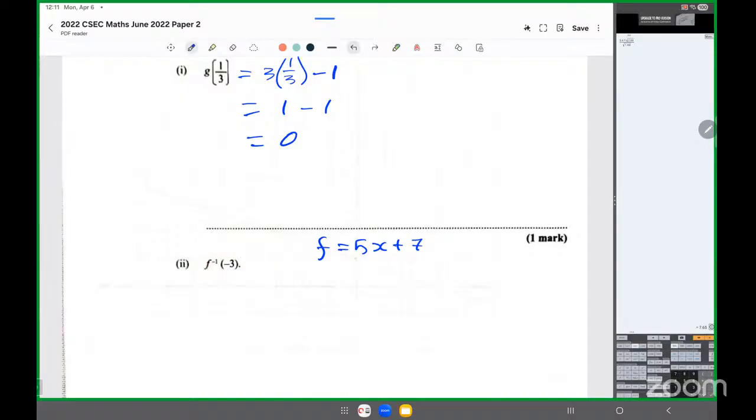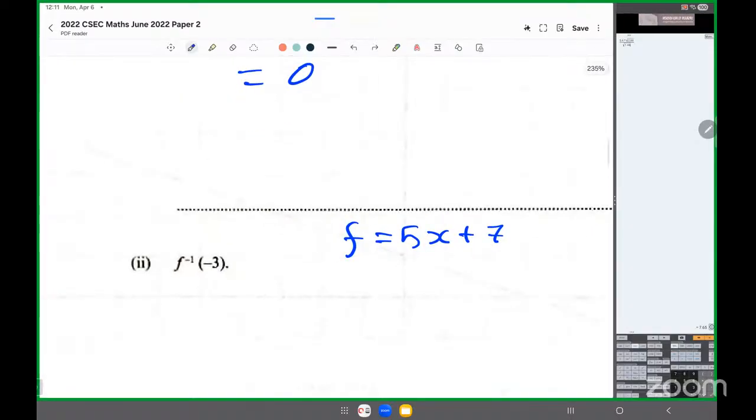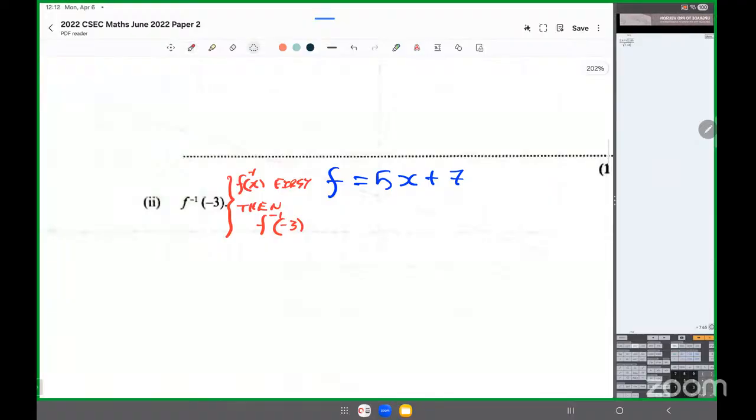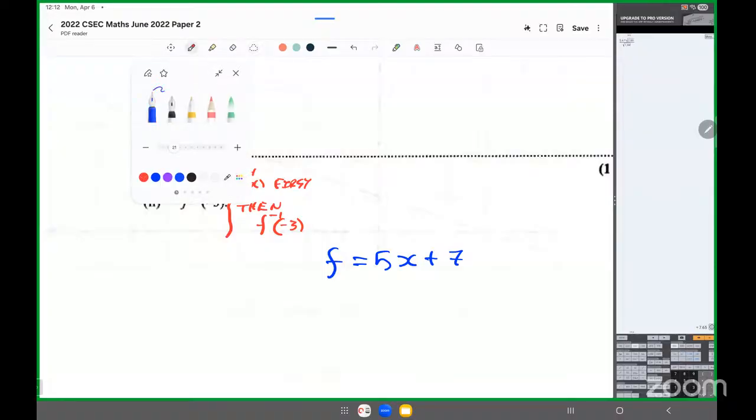Multiple ways to do that. What I'm going to use is the method of finding f to the minus 1 of x first. Then I will do the f to the minus 1 of negative 3. That's the method we're going to use. So let me shift this over. So start with the f right there. I want to inverse it first.